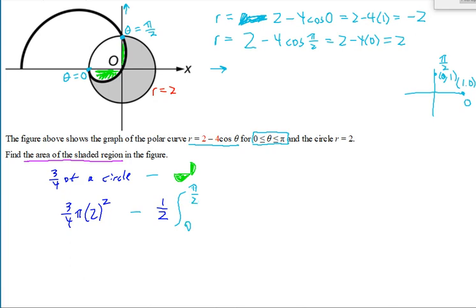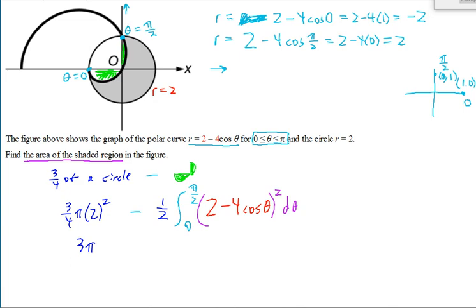And then we have our radius right here, so the integral of 1/2 times 2 minus 4 cosine theta, squared, times d theta. That'll give us the area of those two regions in green there. And then you can put this in our calculator. Notice you could simplify this one if you want. The 2 squared, 4, and this 1/4 cancel out, so this just ends up being 3 pi. It makes it a little simpler to type in your calculator.